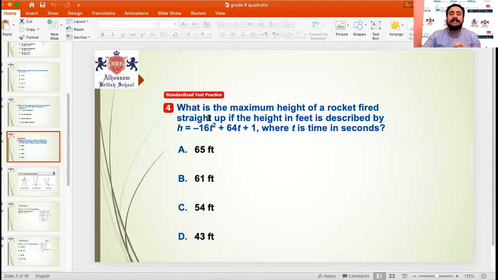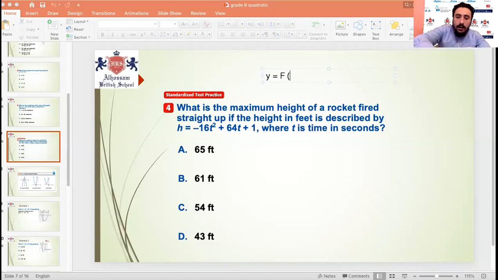Here, how can you find the maximum height of a rocket? Maximum height means you want the maximum value, and the maximum value is y equals the function of negative b over 2a.